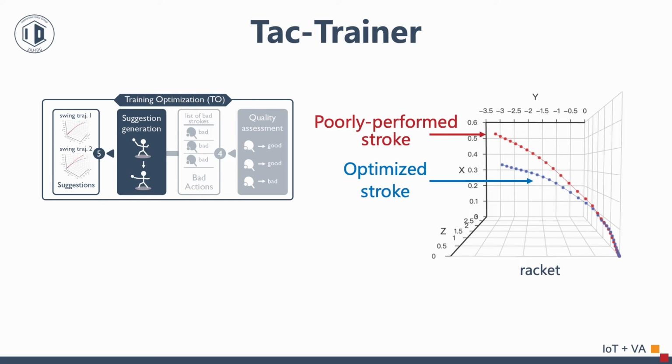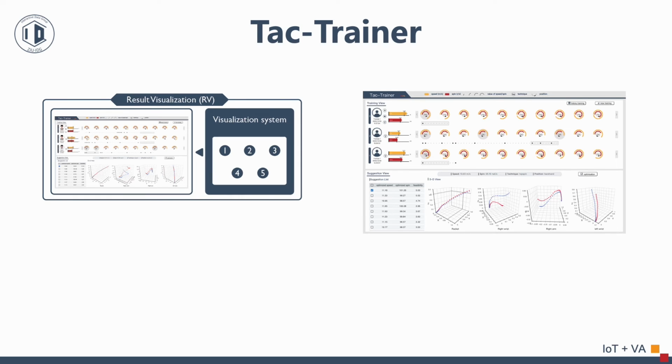For example, the red line here presents the trajectory of the trainee's racket when hitting the poorly performed stroke. The blue line presents the optimized trajectory of the trainee's racket, which means if the trainee swings the racket in such a trajectory, he or she can improve the performance of this stroke. In such a way, we provide suggestions for trainees.